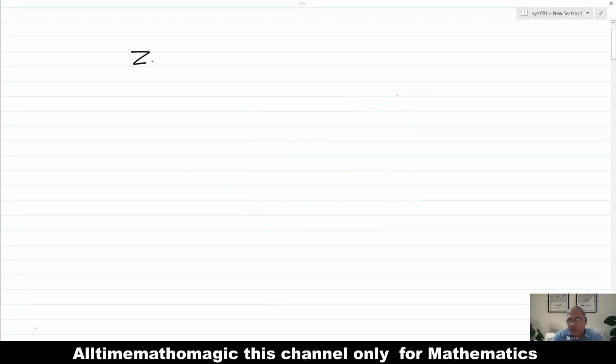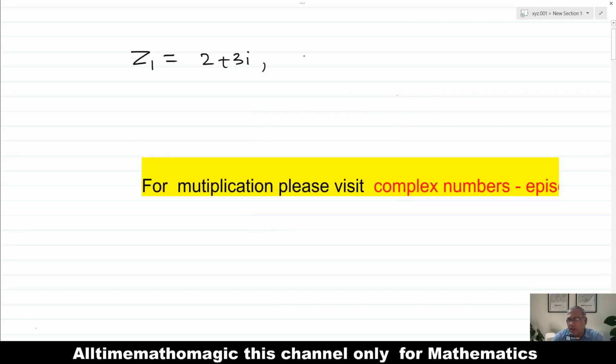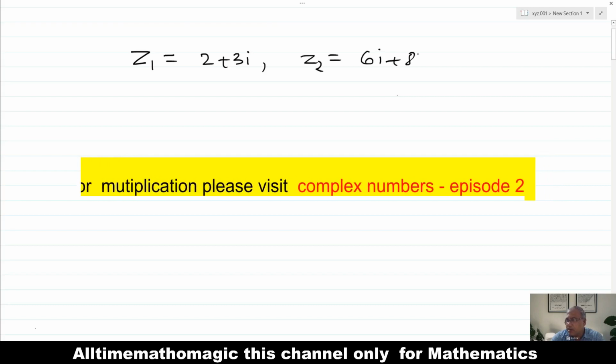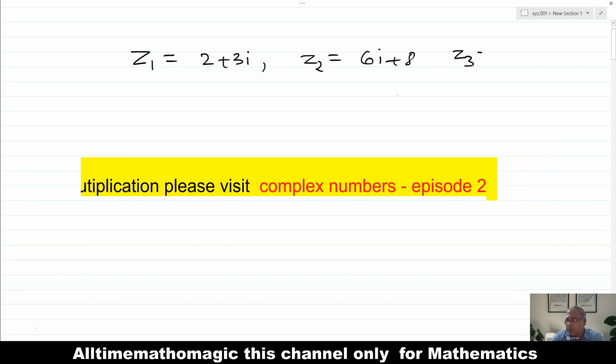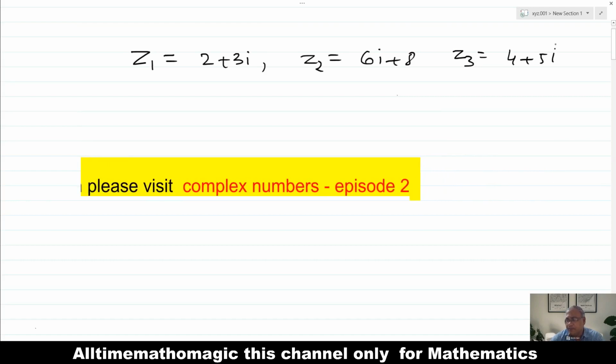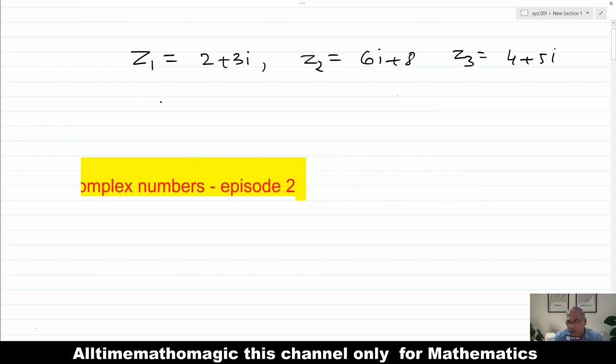Suppose we have the first complex number 2 plus 3i, the second complex number 6i plus 8, and the third complex number 4 plus 5i. We need to add three complex numbers. You write down Z1, that is 2 plus 3i.